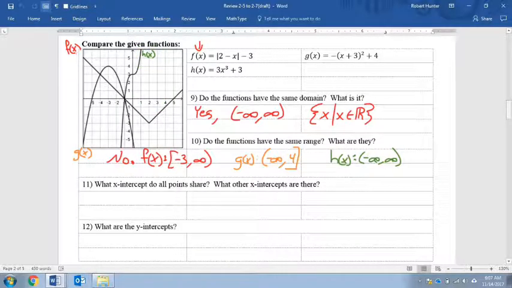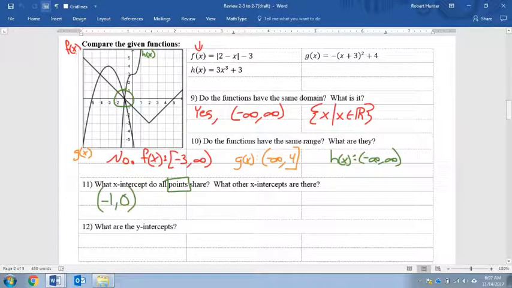Okay. What x-intercepts do all graphs share? They all share that intercept, negative 1, comma 0. No, it's not a bracket, it's a parentheses. What other x-intercepts are there?